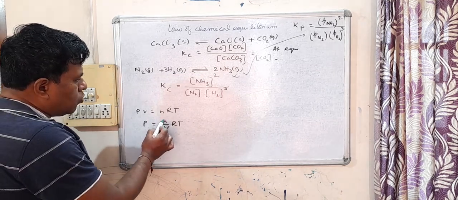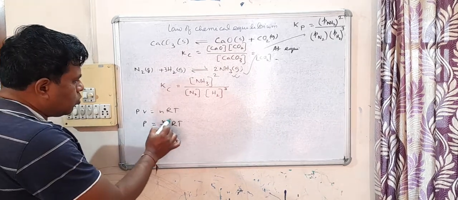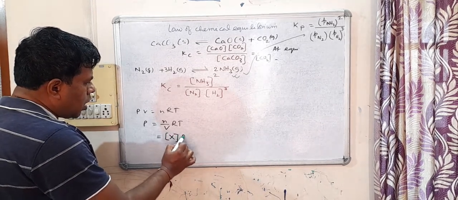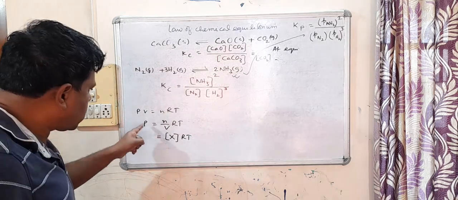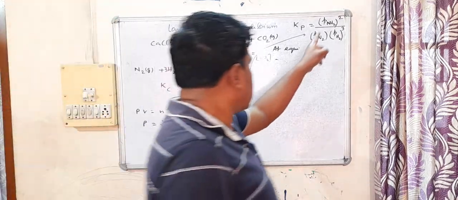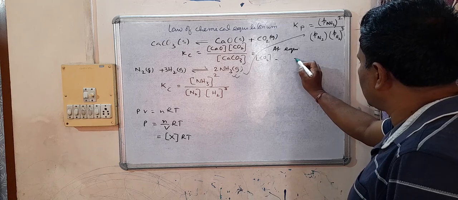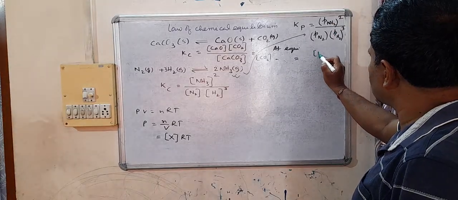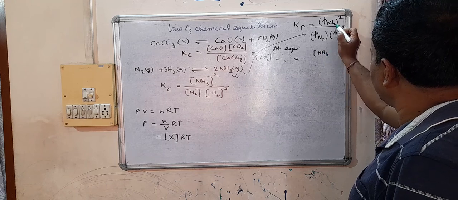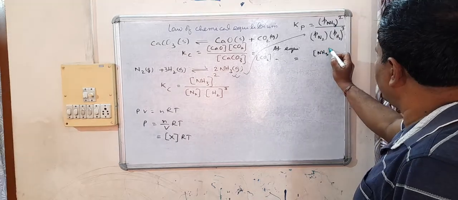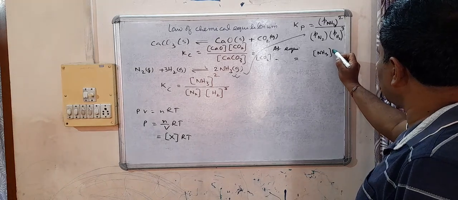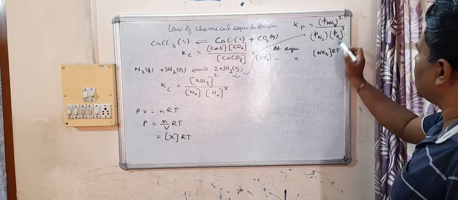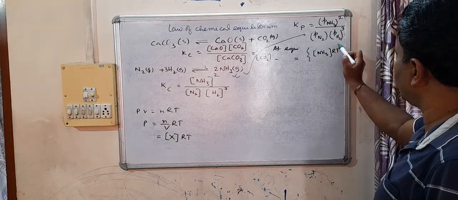Number of moles by volume is molar concentration, so for pressure we can substitute the molar concentration term times RT. On substituting, it will be molar concentration of ammonia times RT, and this raised to the power 2.